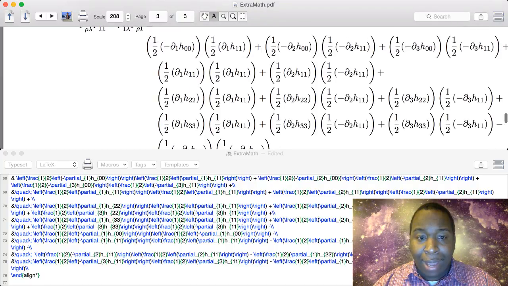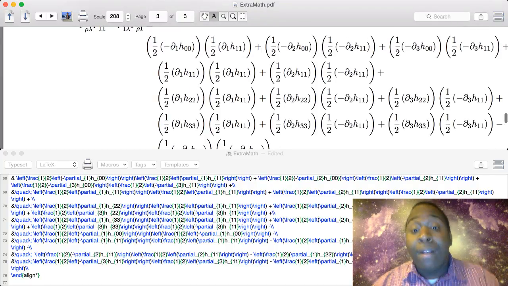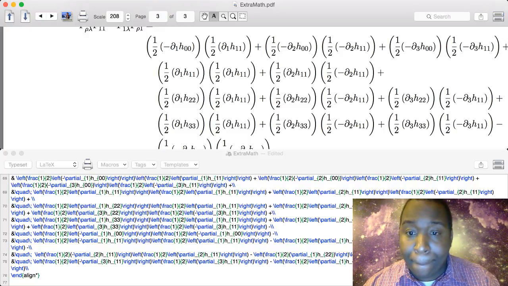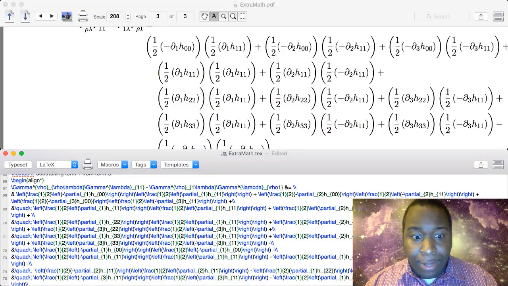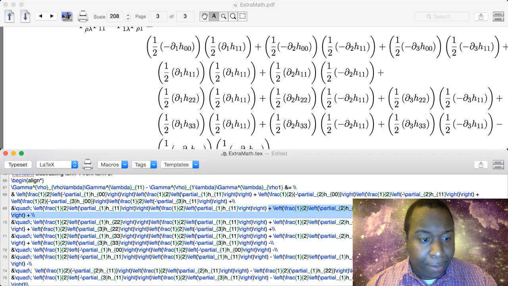On the second line, it's negative, so it goes away. So the second term of the second line goes away. It's going bye-bye.